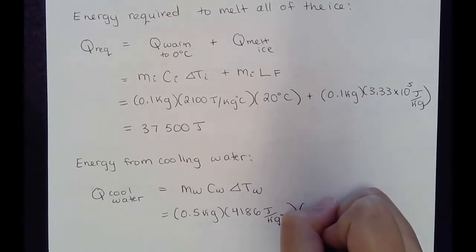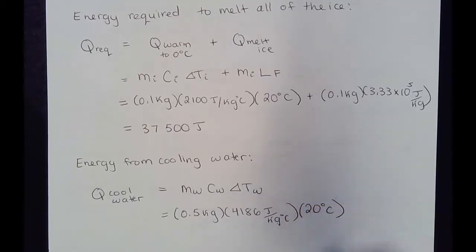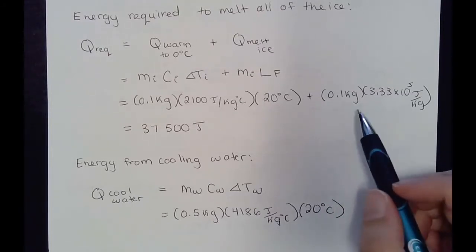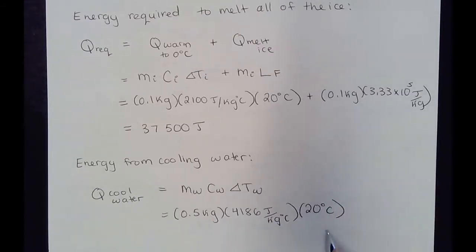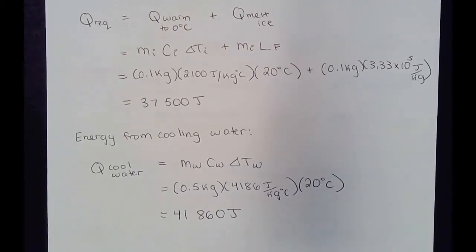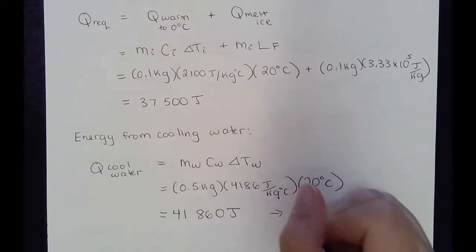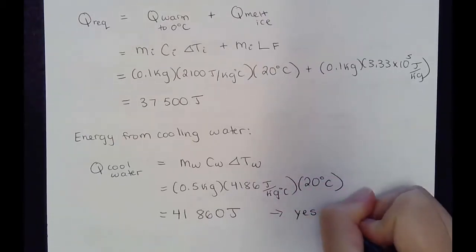And then let's say we're going to cool all the water to the melting point of the ice since it's melting. So we have 20 degrees and we get 41,860 joules. Okay, so at this point we can see what happens. This means that yes, there is enough energy to melt all the ice. So yes, the ice melts.